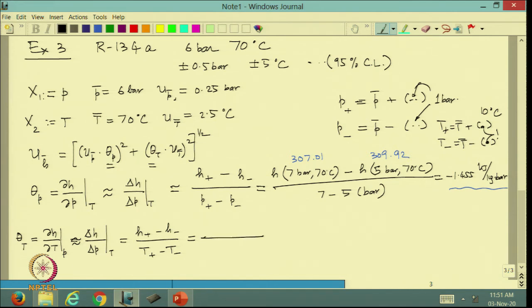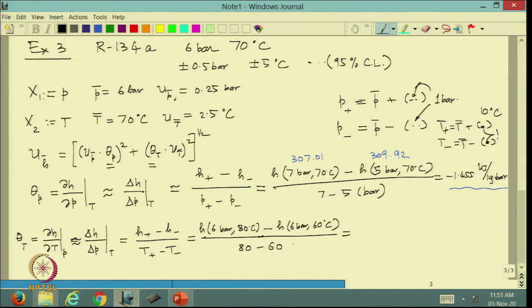So, this expression will now become H at the same pressure of 6 bar, with temperature increased by 10, so instead of 70 this becomes 80 degrees Celsius, minus H at 6 bar, 60 degrees Celsius, divided by 80 minus 60.